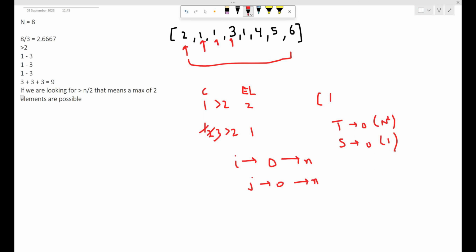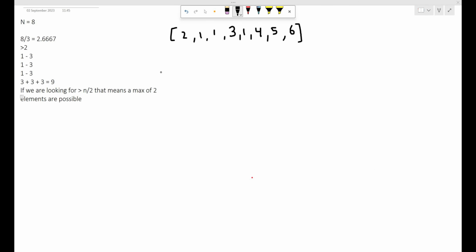So now let's think for the better one. We have done the brute force approach and that was quite simple. We just looked at each element one by one in the whole array. Till now we have done so many problems in our array playlist, and whenever we are in this kind of situation, we are looking for something greater than n by 3 times or n by 2 times.